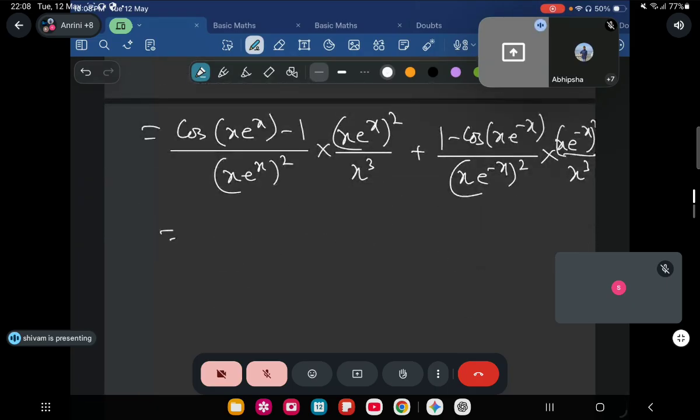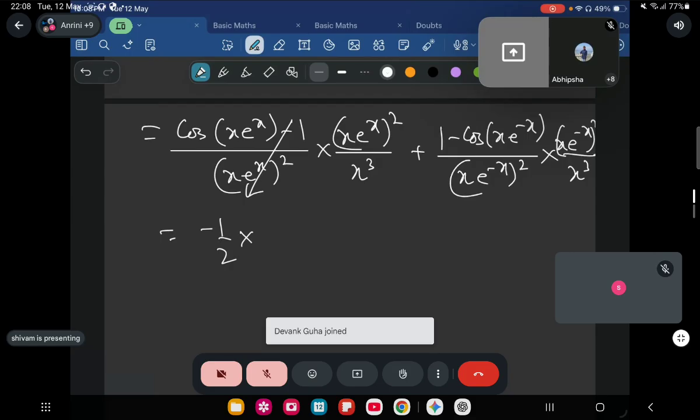So see everyone, over here, this part will become minus half. So minus half into x square, and the 1, 2 will get cancelled.